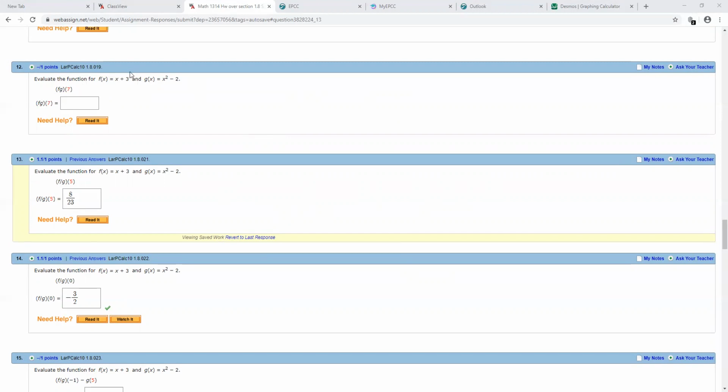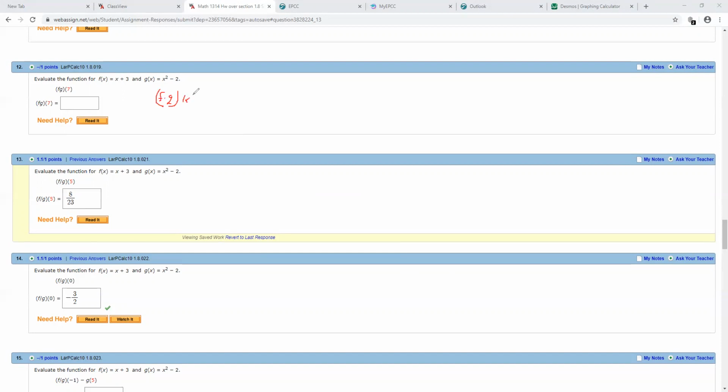But anyway, so what does this mean? It means x plus 3 times x squared minus 2. Good. So the new function f times g, which they don't even write the dot.